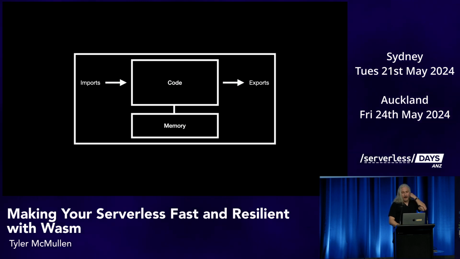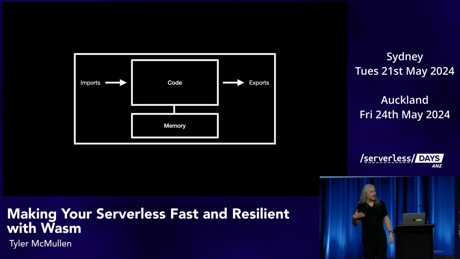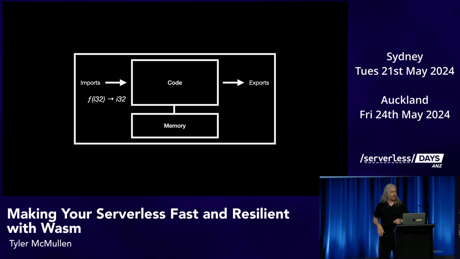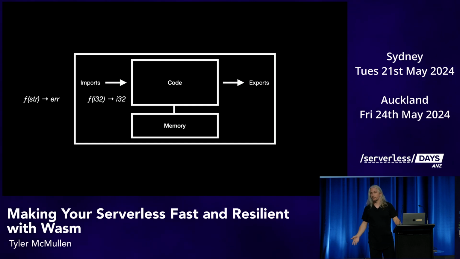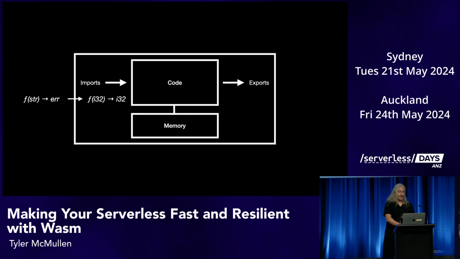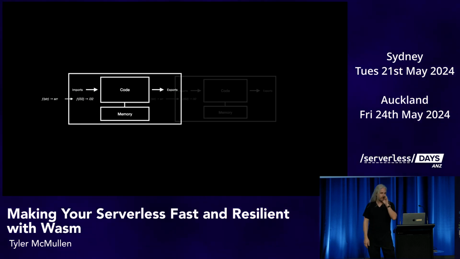So one of the primary goals of the WebAssembly component model is to create a way to wrap a WebAssembly module and say, this function taking a number and providing a number is actually taking a string and returning an error, right? And to then provide a way for us to be able to connect programs together more effectively, like so, right?